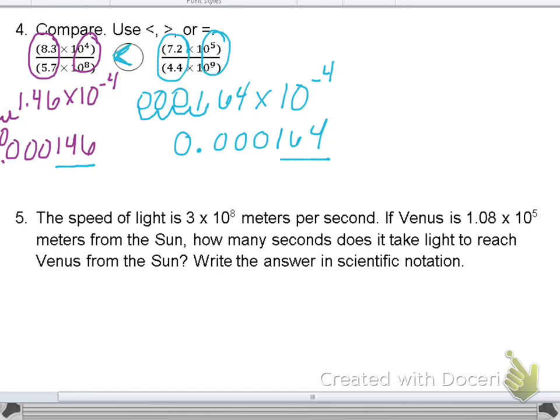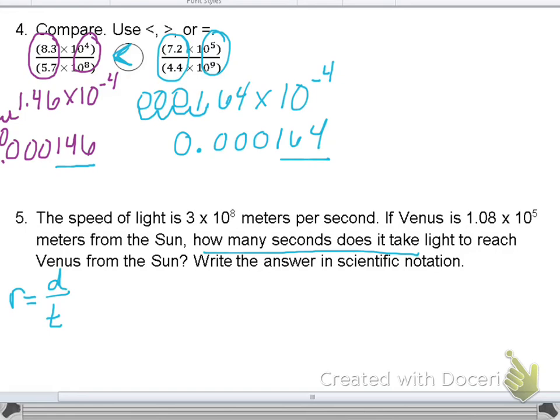Okay, moving on to the last example, we have the speed of light in meters per second. So we have a rate that equals distance over time, meters per second. If Venus is 1.08 times 10 to the 5th meters from the sun, so we know the distance, how many seconds does it take light to reach Venus from the sun?